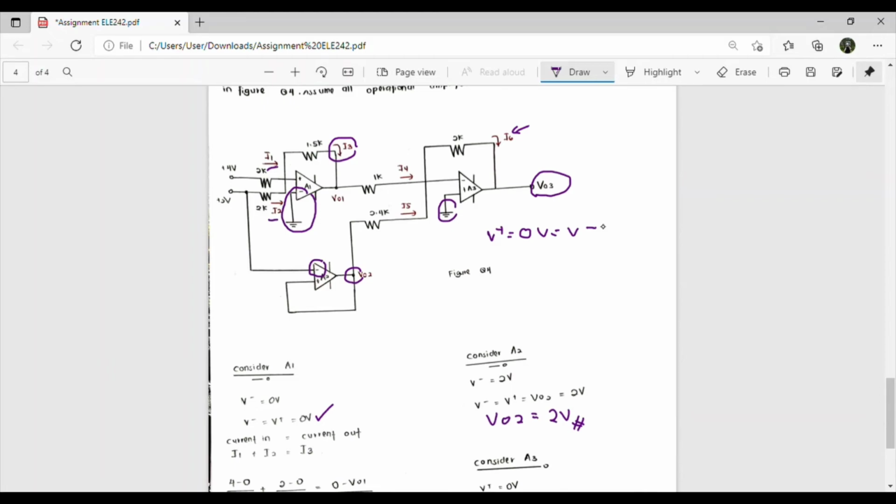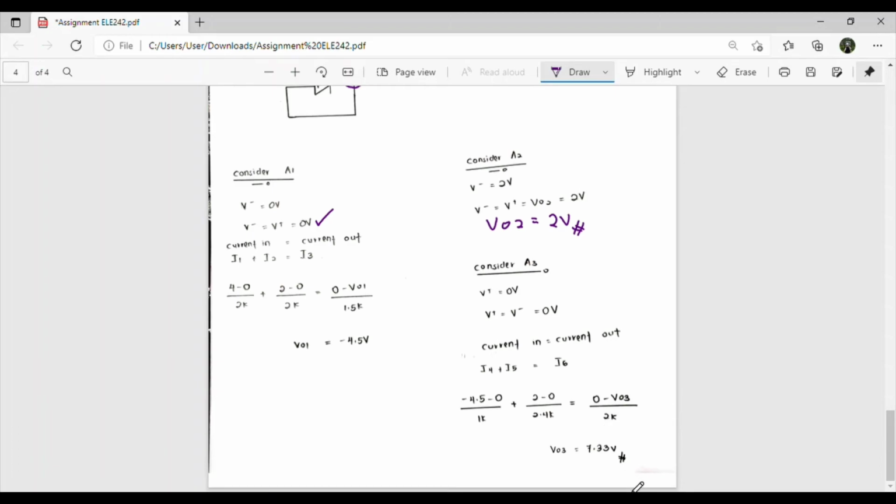I6 is (0 minus V03) divided by 2k. After that, we get the value that V03 is equal to 7.33 volts. Okay, that's it. I will also prove my answer by using simulation.